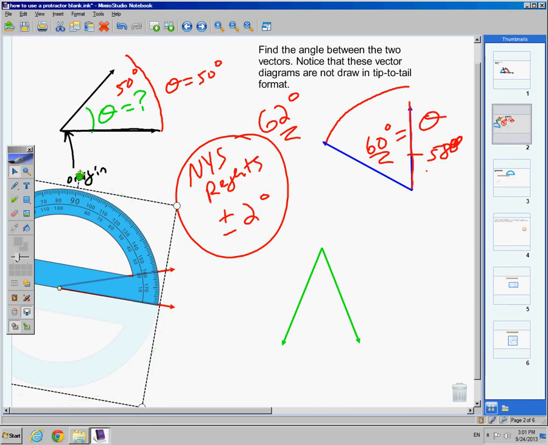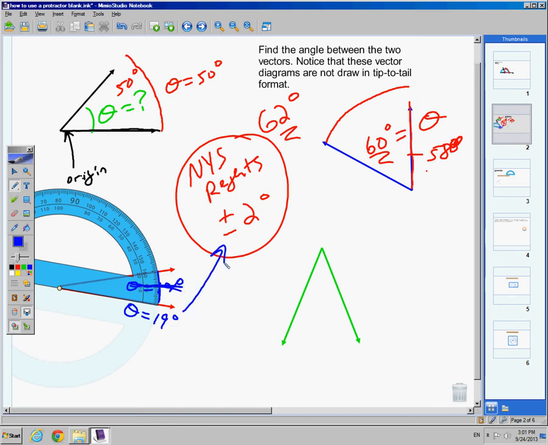Okay, that looks about right. And I'm going to follow it up here. And I got about 19 degrees. Theta equals about 19 degrees. And so that's what you get. So again, plus or minus. If the number came out to actually 20 degrees, we're still in that.